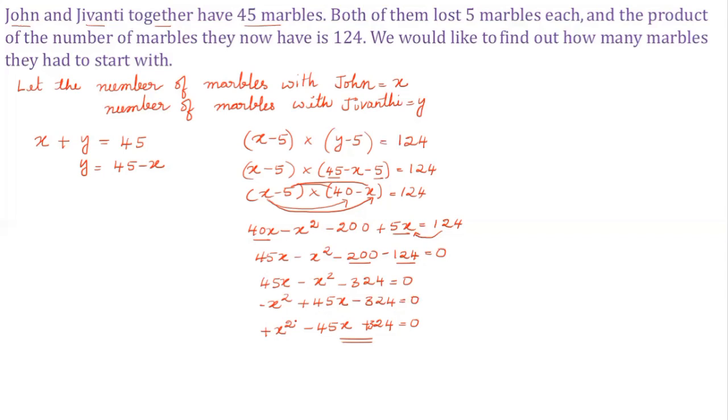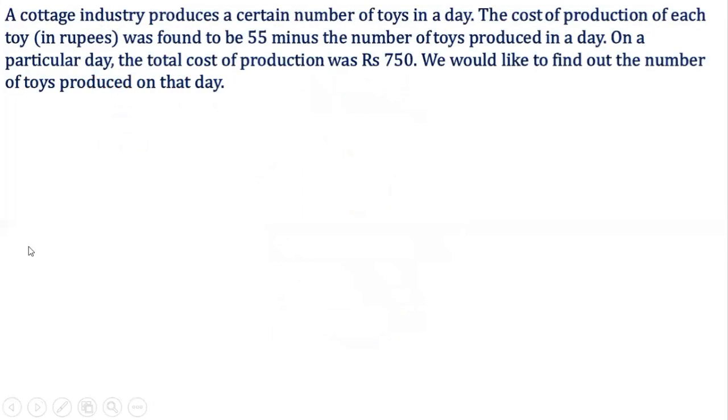Now let us see one more example which can be solved by converting into the form of a quadratic equation. A cottage industry produces a certain number of toys in a day.